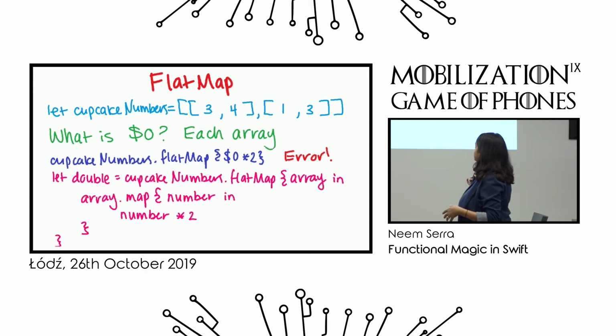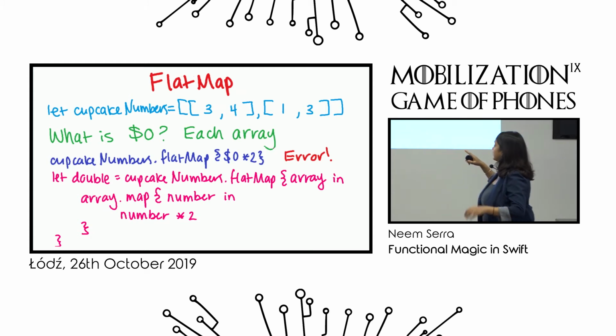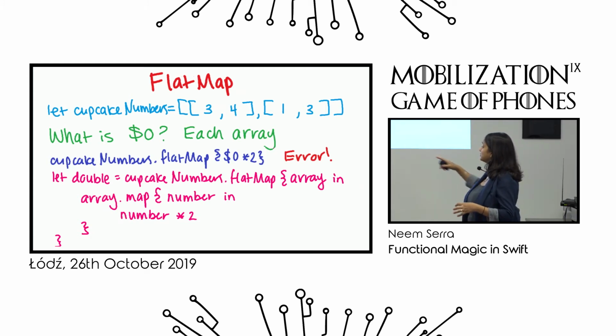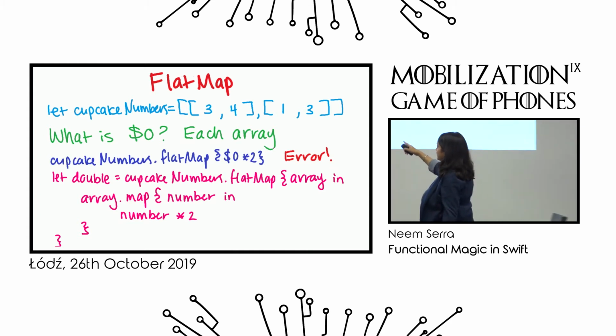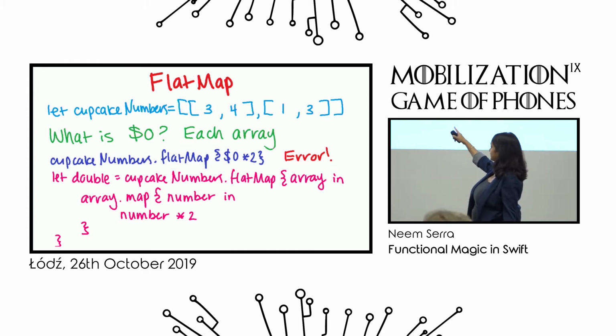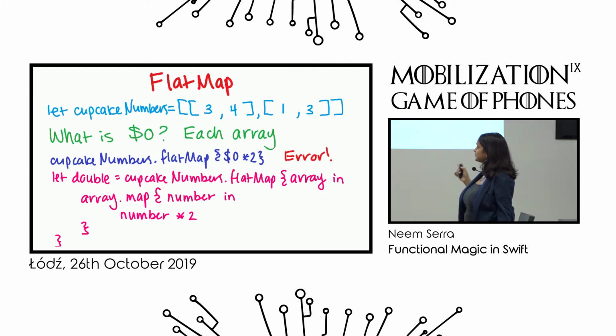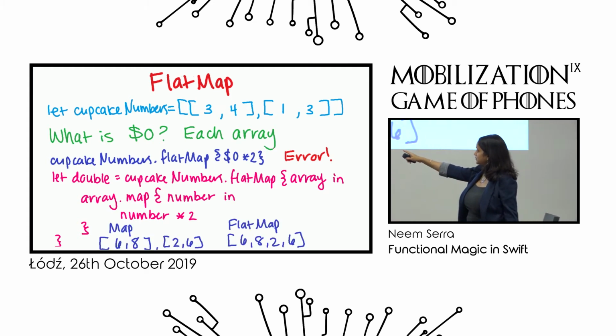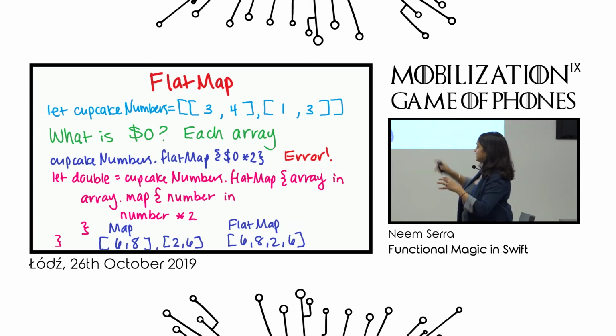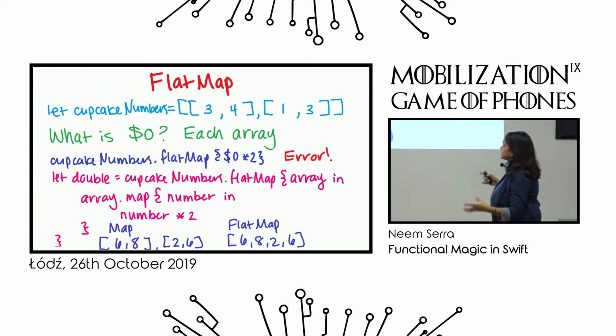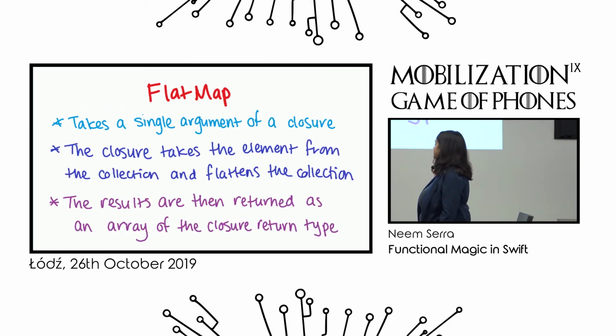So what you would end up doing is something like this, where you would do an internal map on each of the numbers in the array and double each of them, and then you would do a flat map. The map would double each of the numbers inside of the arrays, and then the flat map would take that level of dimension out. So that's just one of the things that you'll probably trip up with flat maps.